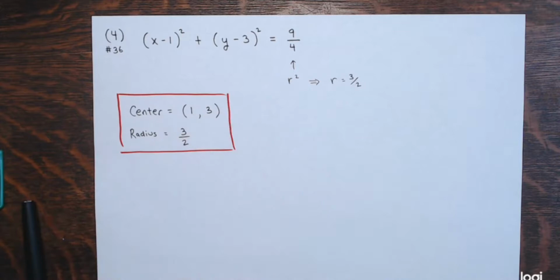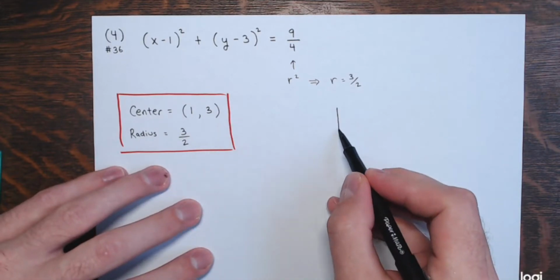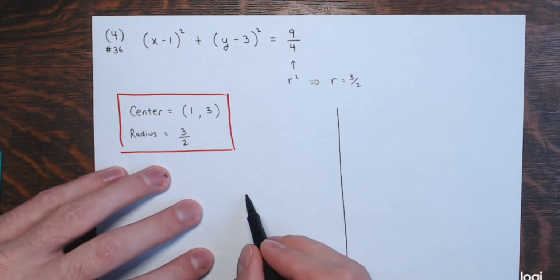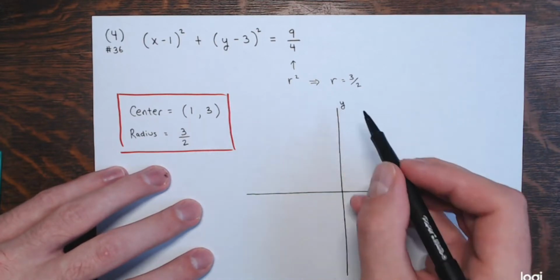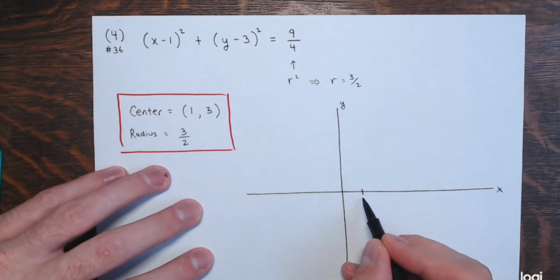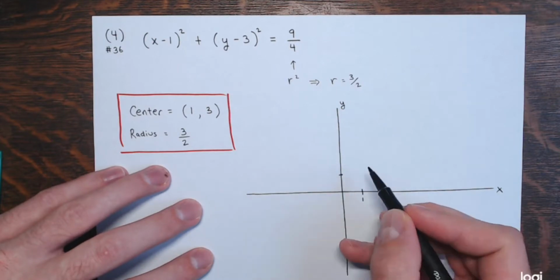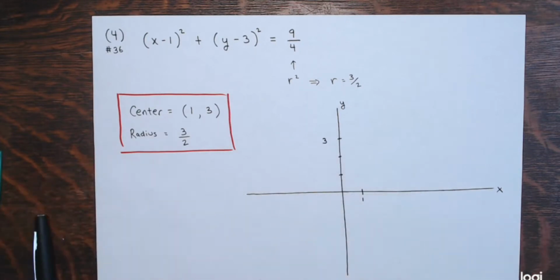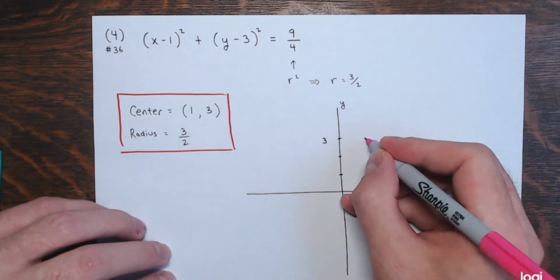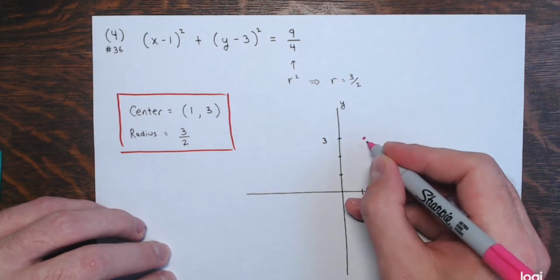Now I will plot some points. Alright, so center's at 1, 3, so there's 1 on the x, and 3 on the y. So there's the center, C.